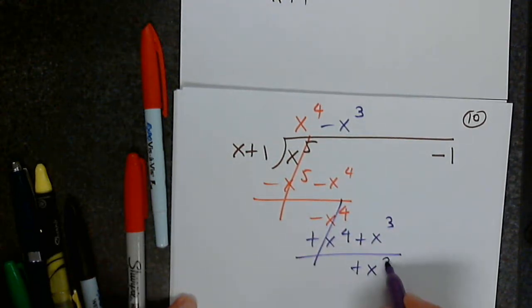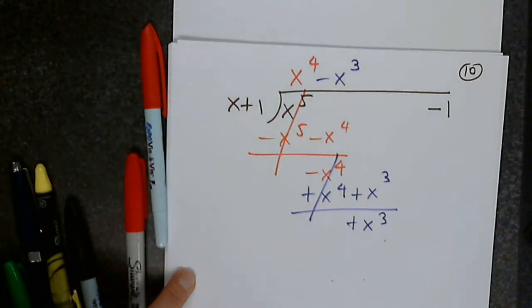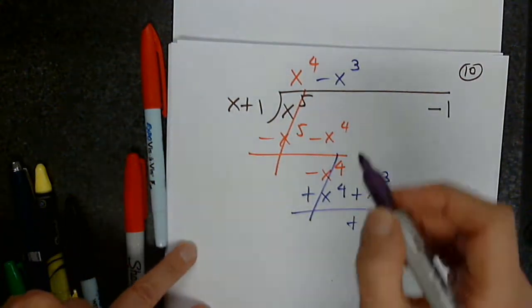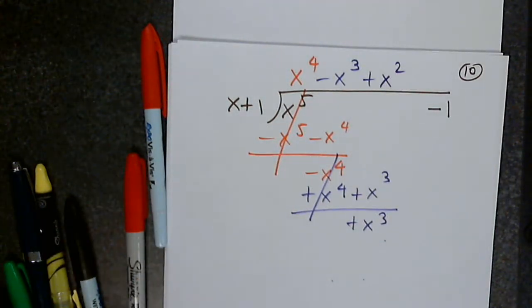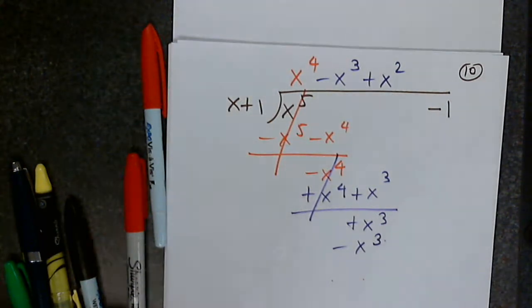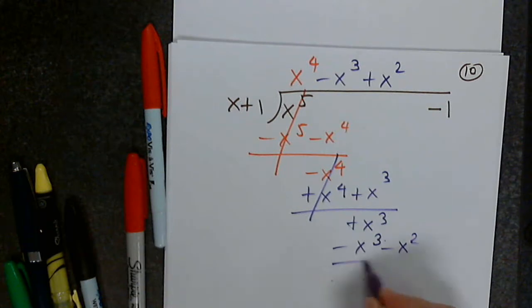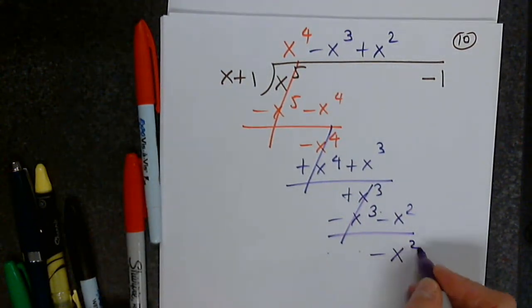Bring down the next in line. X times what is x cubed? Positive x squared. X squared times x is x cubed, but I have to subtract. X squared times 1 is x squared, but I have to subtract. Bring down the next in line.